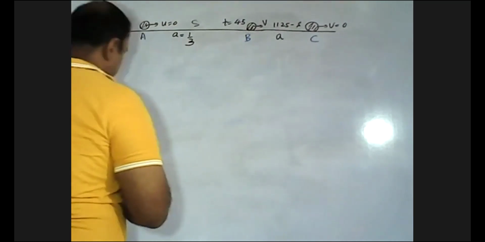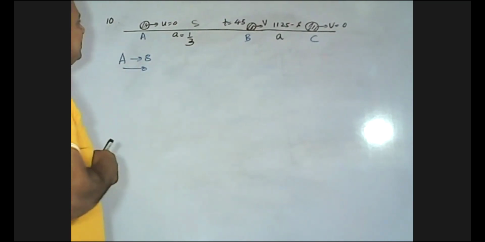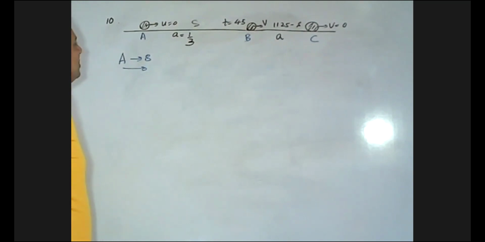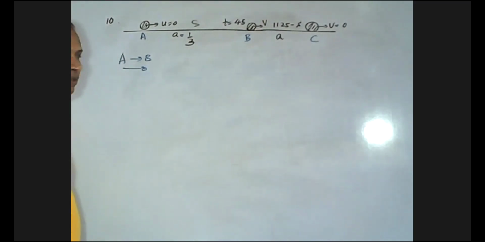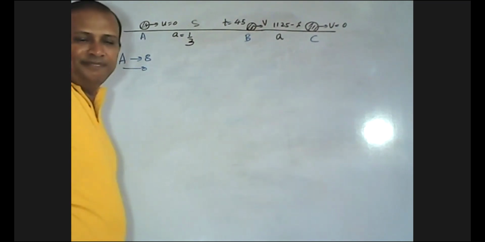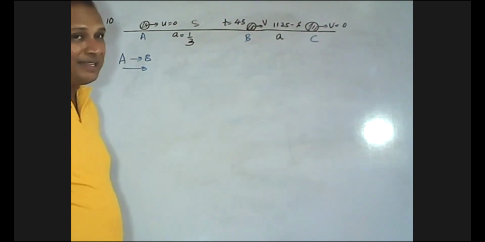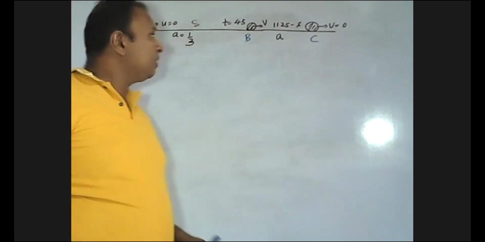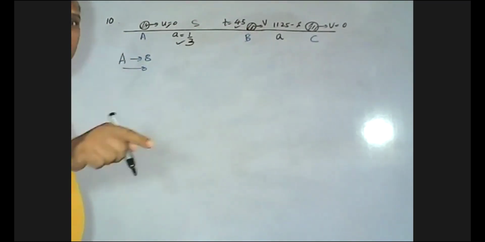From A to B, you know U, you know A, you know time, and you have to find V, the maximum velocity of the object. What equation do we use?